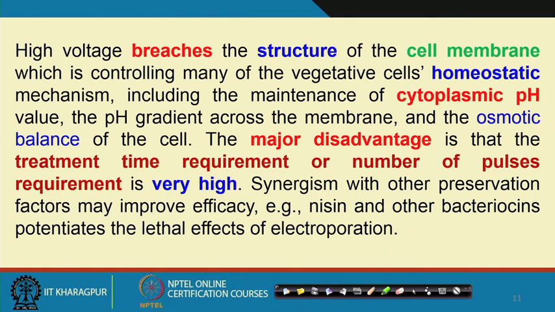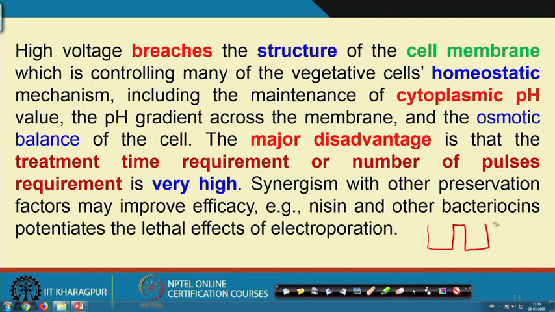The major disadvantage in this process is that the treatment time requirement or the number of pulses required is very high. So, that is the primary disadvantage, the treatment time as well as the number of pulses. You remember we had shown earlier that pulses look like this. So, this is an electric pulse.